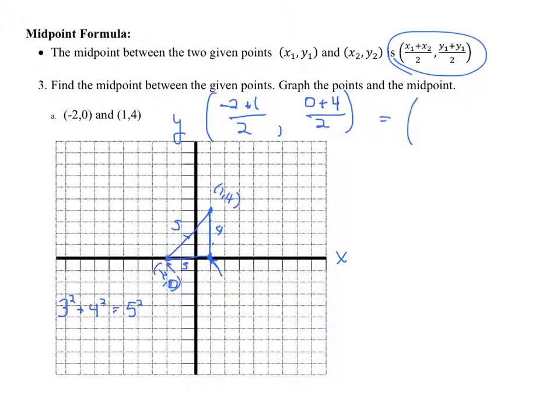So negative 2 plus 1 is negative 1 over 2. 4 divided by 2 is 2, so this is my midpoint. Perfect? Yay! So let's see how I did. Well, we have (-1/2, 2). I kind of have to make it bigger because my graph isn't all that great, but you can see that that is pretty much halfway, and it is exactly halfway if everything was nicely and accurately drawn between the 2 points, (-2, 0) and (1, 4).